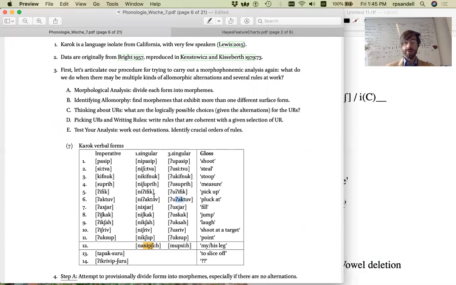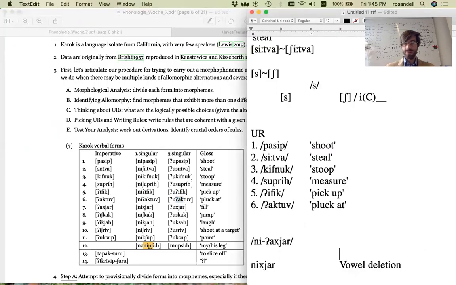If we assumed glottal stop deletion, it would incorrectly predict, let's actually see what would happen.